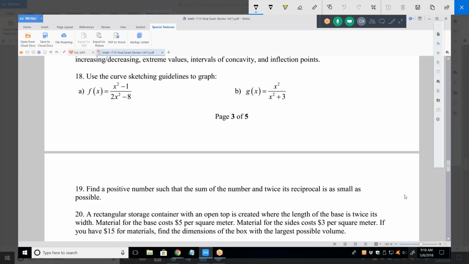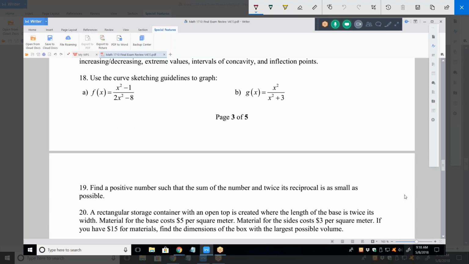And this is all you need to do. Vertical asymptote, none. Horizontal asymptote, y equals 1. X-intercepts, in other words, you're going to go through exactly the procedure that I just went through. Okay.